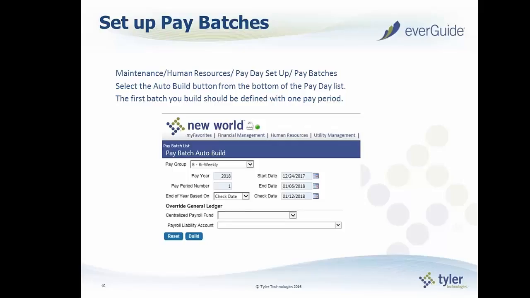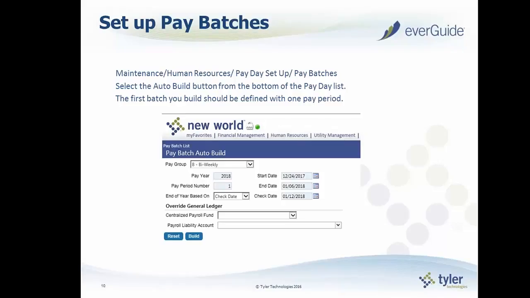The pay batches are set up in maintenance, human resources, payday setup, and pay batches. The slide that you see here, I was using AutoBuild to set up my 2018 pay batch years. When you use AutoBuild, you set up the very first pay batch on the first pay period for that particular pay group. This example is set up for biweekly. I have my work date beginning December 24th of 2017.